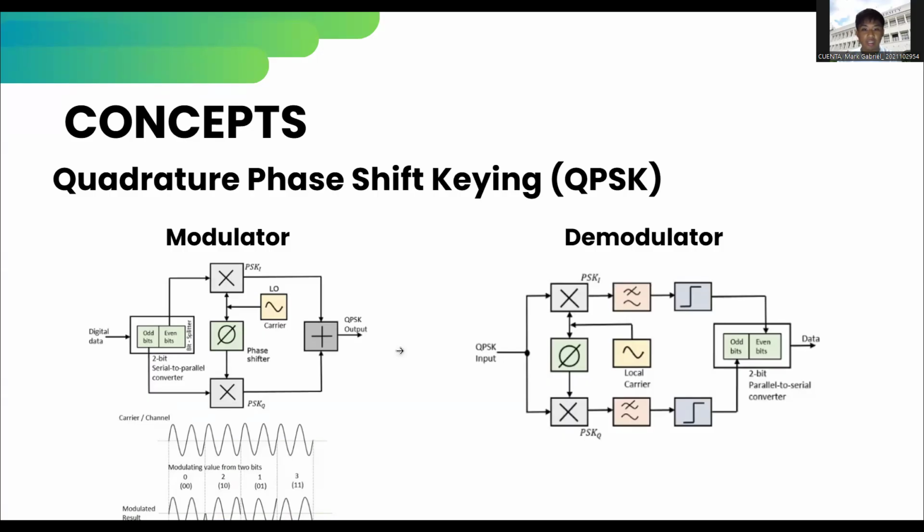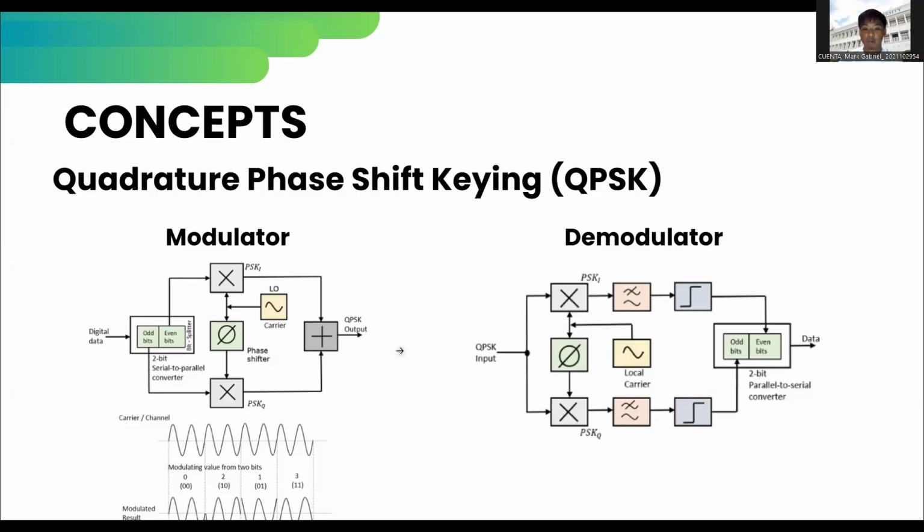Following this block diagram, at the modulator input, the message signal's even bits, the second, fourth, and sixth bits, and odd bits, the first, third, and fifth bits, are separated by the bit splitter and are multiplied with the same carrier to generate an odd BPSK called PSKI and even PSK called PSKQ. The PSKQ signal is phase shifted by 90 degrees before being modulated.